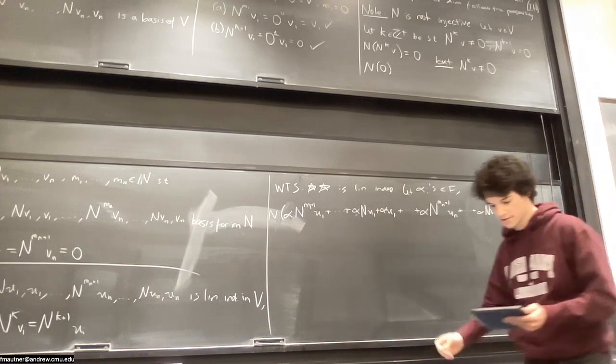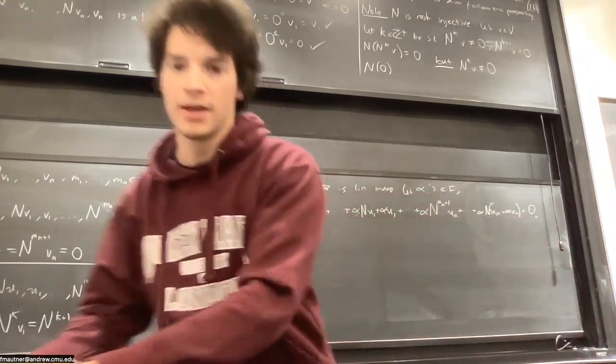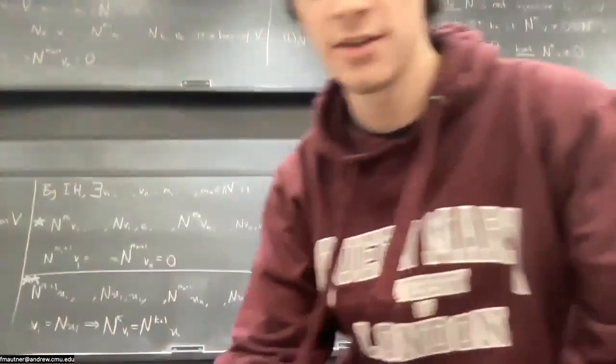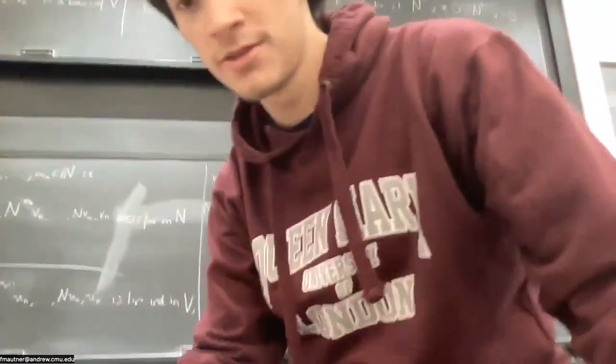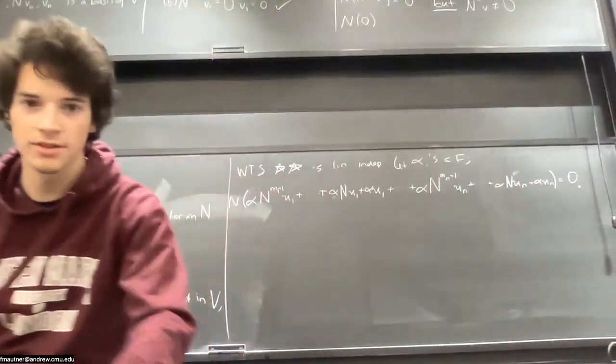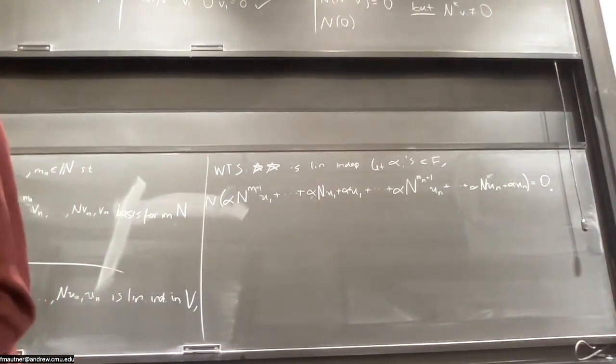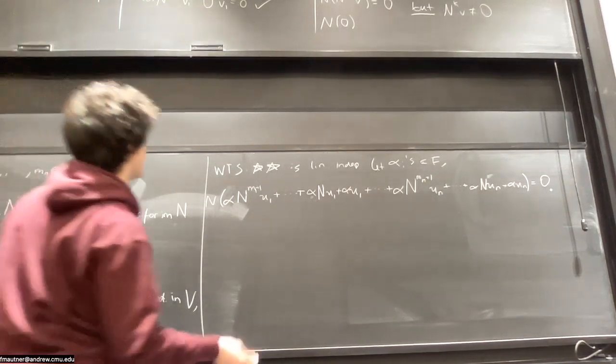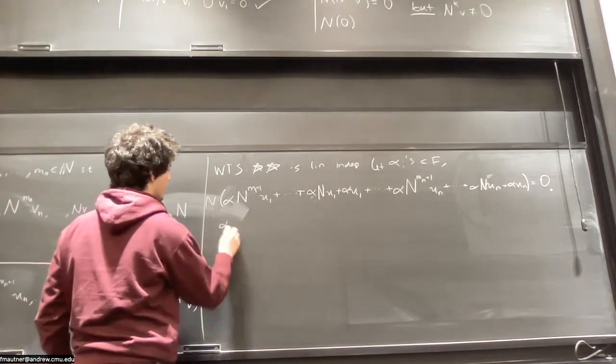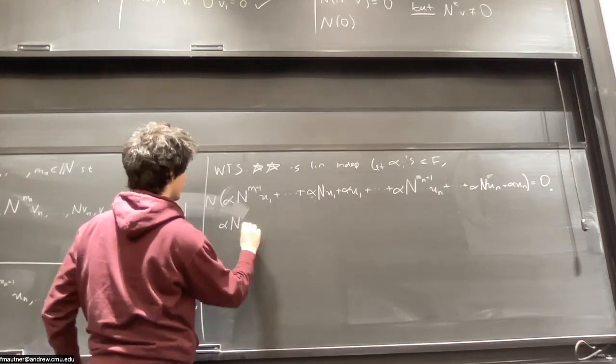Obviously, n of 0 is 0. We don't really have to explain why it's linear, so it maps 0 to 0. Put this here. Okay, there's a quick adjustment. So what happens when we actually apply this? Well, let's take a look. We got alpha times n.